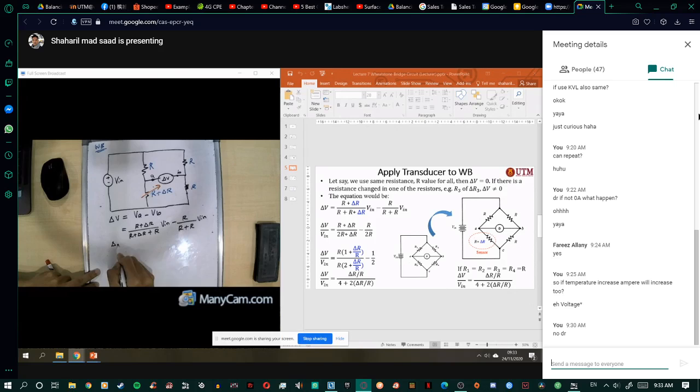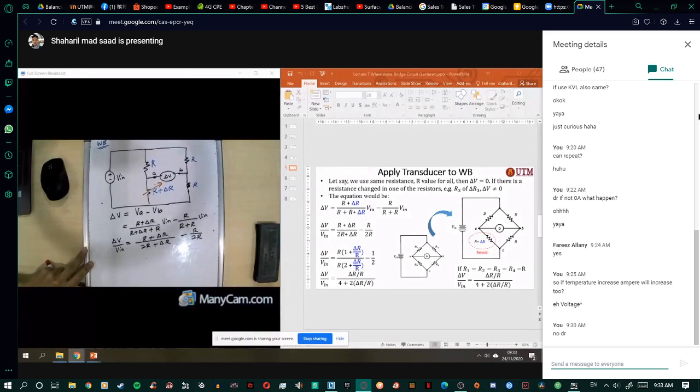So now you can make it delta V over V in. This one will become R plus delta R over 2R plus delta R, minus R over 2R. Then you can simplify it to be delta R over R, over 4 plus 2 delta R over R. So this is the formula, right?